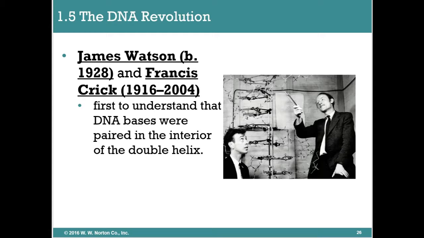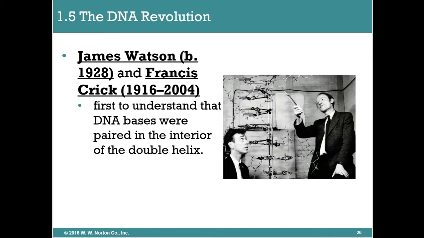From everybody else's knowledge, Watson and Crick were able to determine that DNA had certain base pairs, and those base pairs had to be paired correctly. Like you can't put a circle through a square hole. It has to be a circle and a circle hole. That's kind of what they discovered from all their knowledge.